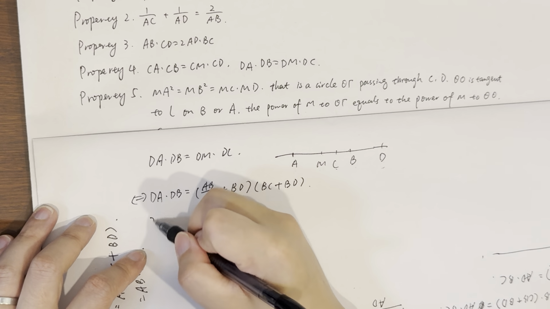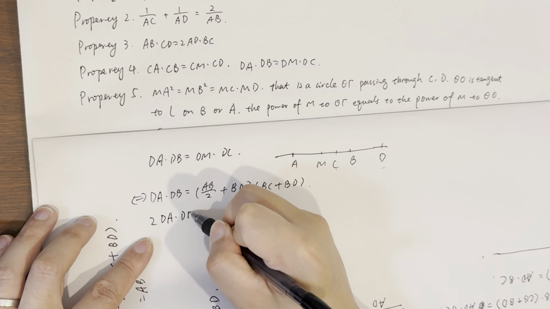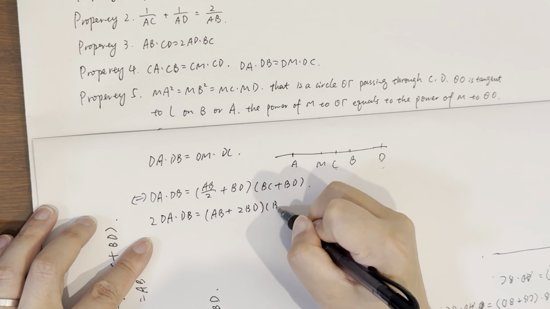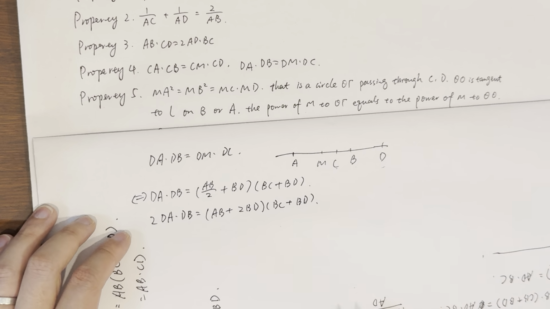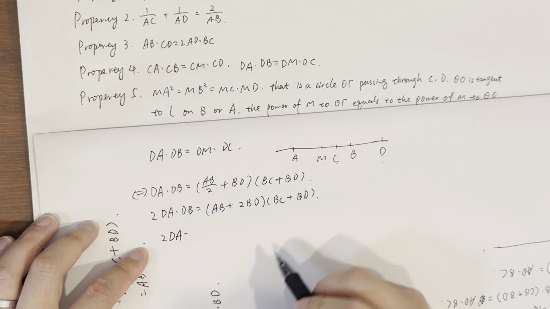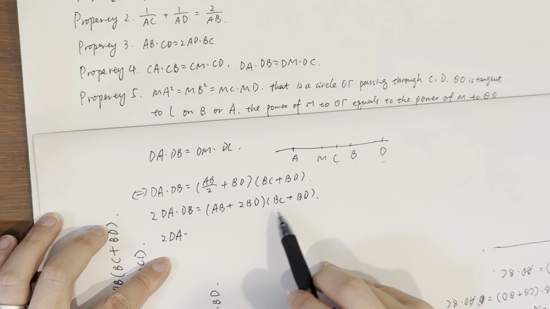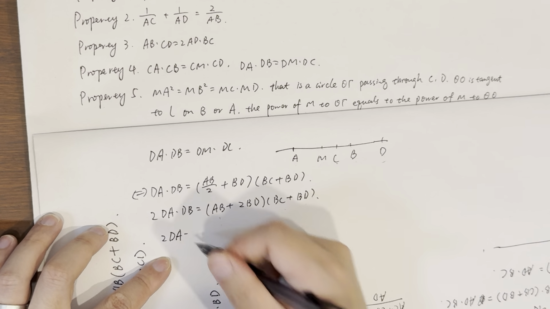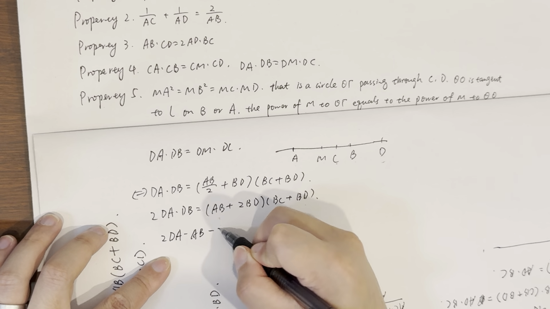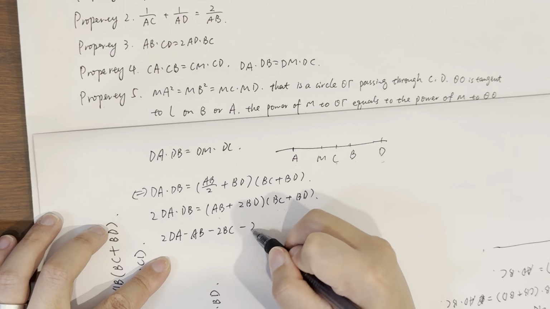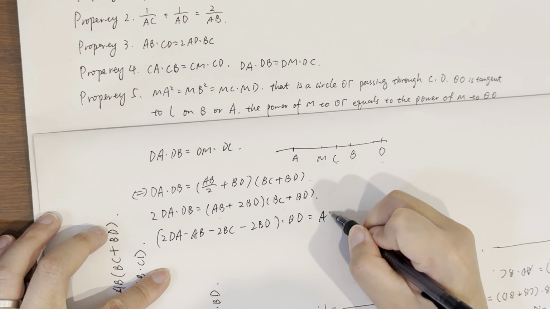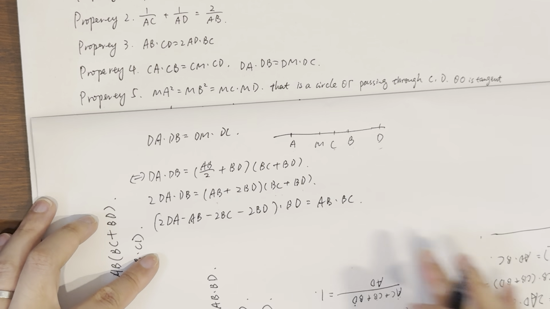Now we can see we want to prove twice AD times DB equals (AB plus 2BD) times (BC plus BD). That's what we want to prove, and we move all the BD terms to the left side, so we have 2DA minus AB minus 2BC minus 2BD, times BD equals AB times BC. Basically, we want to prove this one.